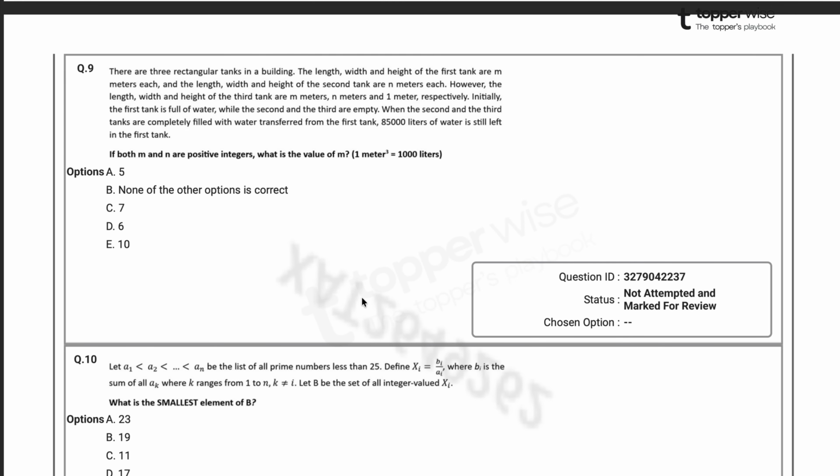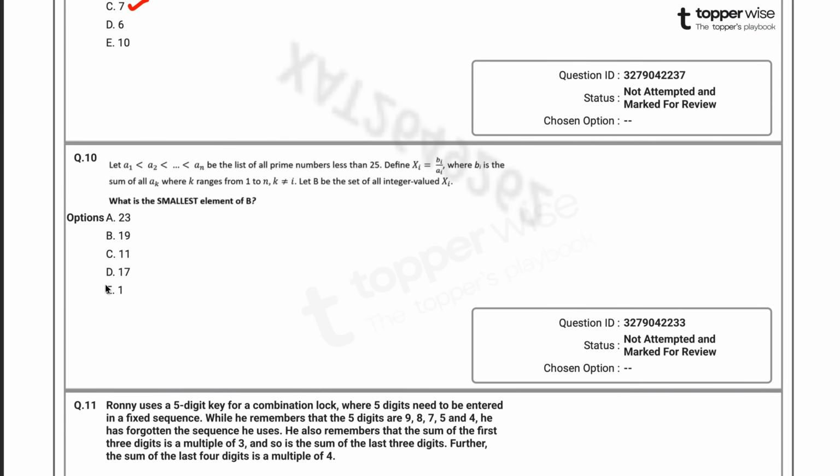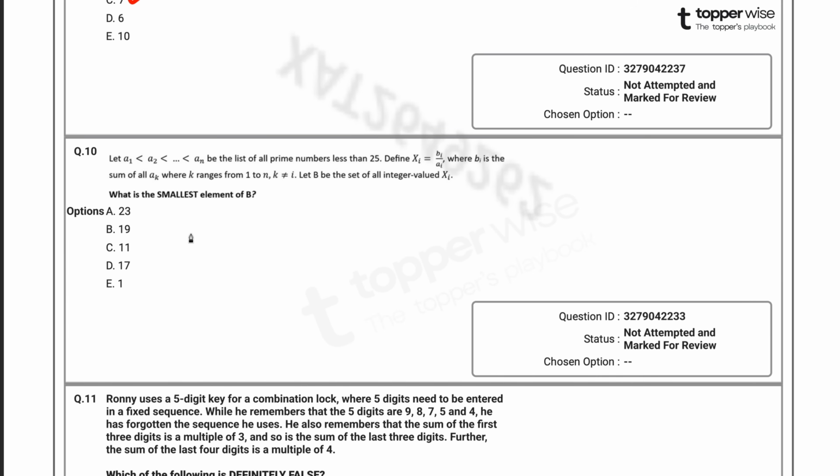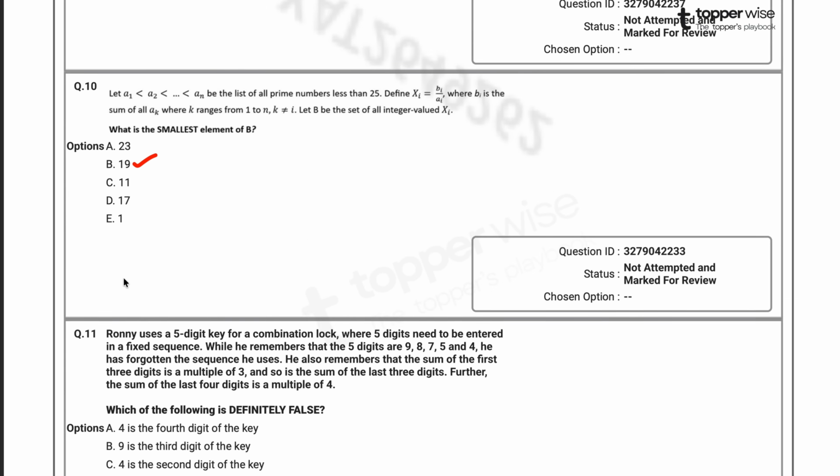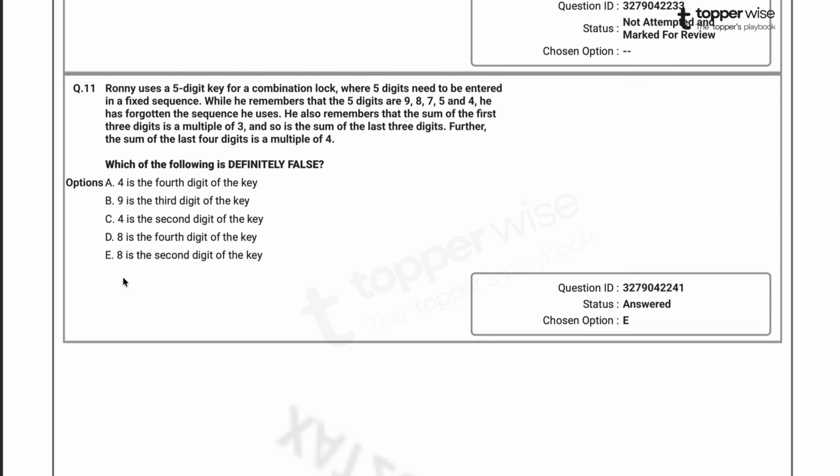So for the ninth question, the answer will be C here, 7. For the 10th question, the answer will be B here, 19. For 11th, the answer is E here.